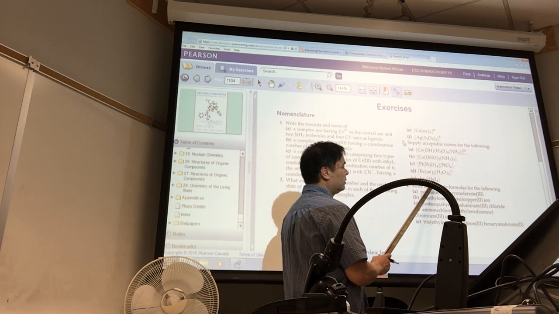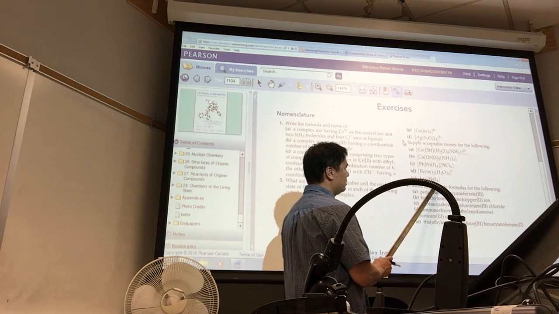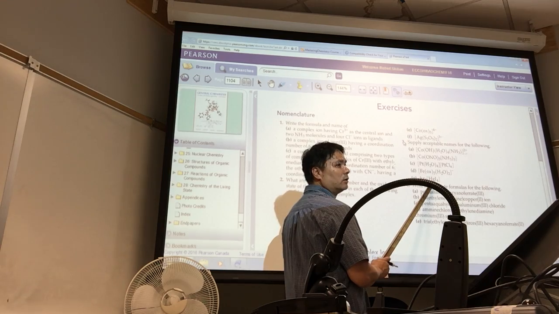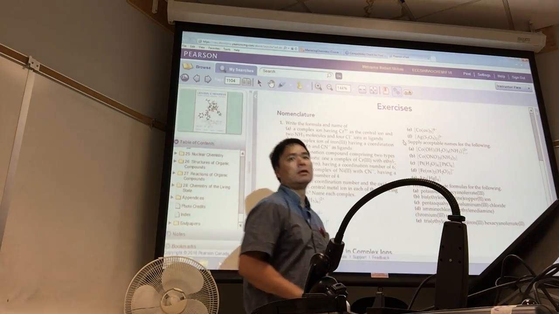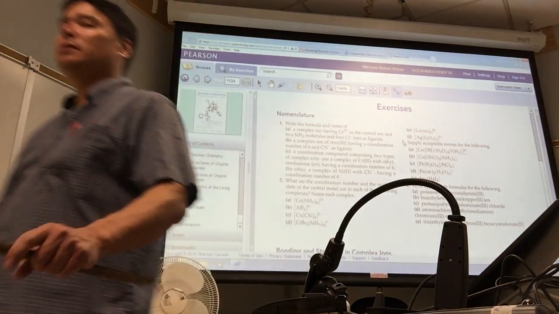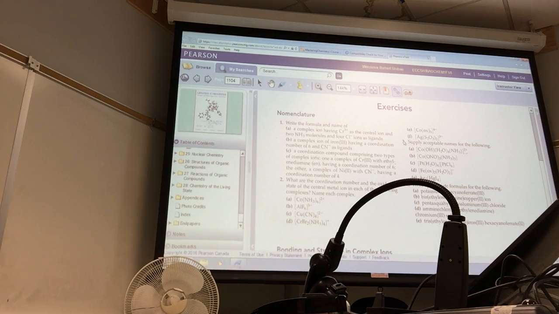Mercurate. And the charge? This whole thing has to be -2 because this is plus 2 over here, so it's got to be mercurate 2. And so to name this, it would just be silver as the cation name, and then tetraiodomercurate, Roman numeral 2. That would be the name of that compound.